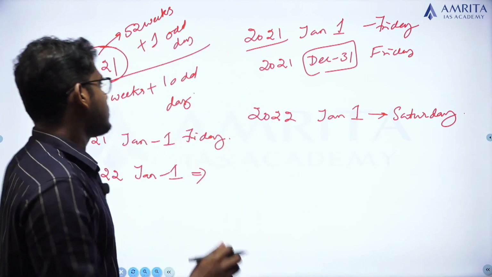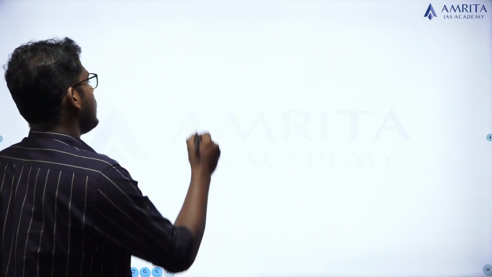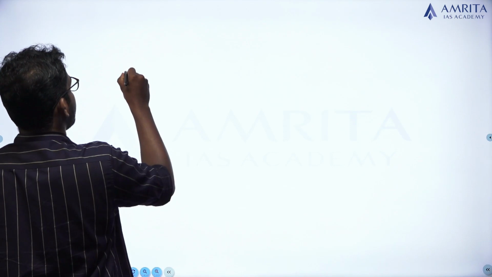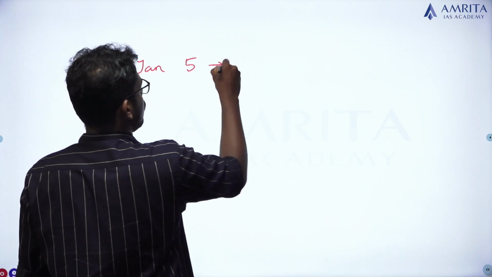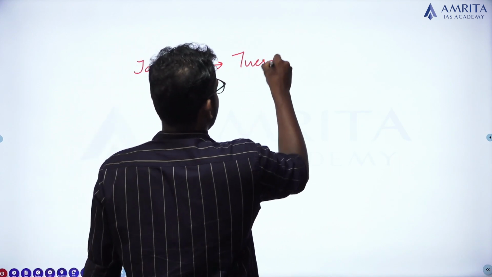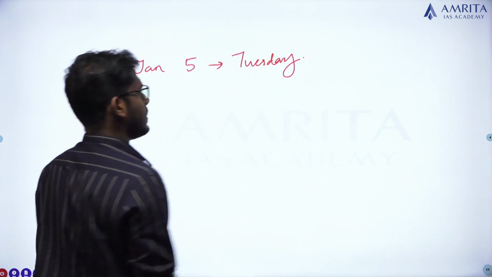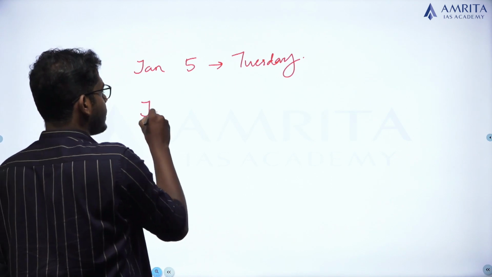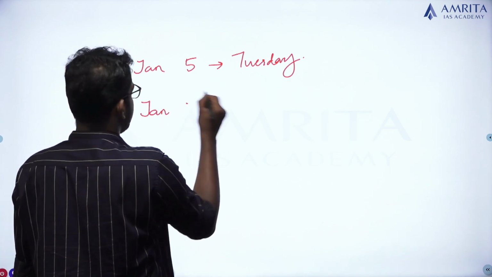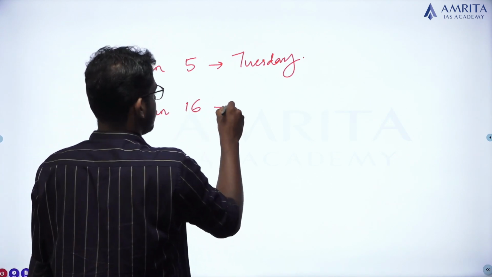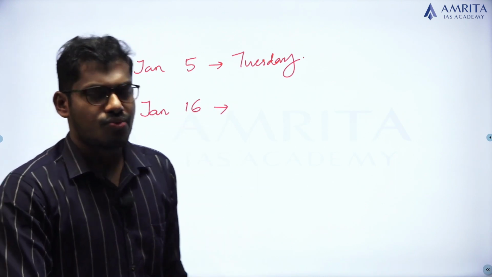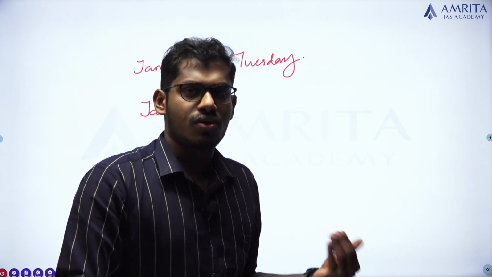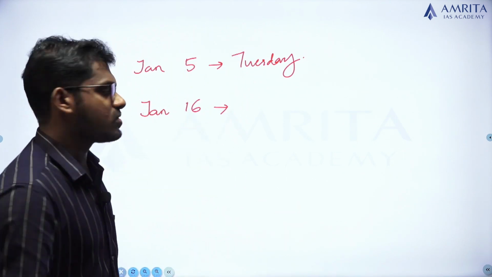Clear? Okay. One more example. For example, if Jan 5 falls on Tuesday, and we are asked to find the day on which Jan 16 falls.